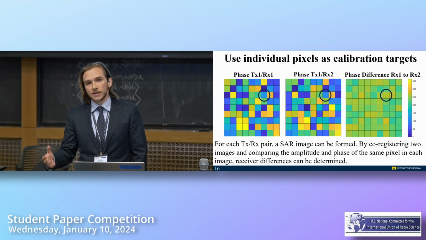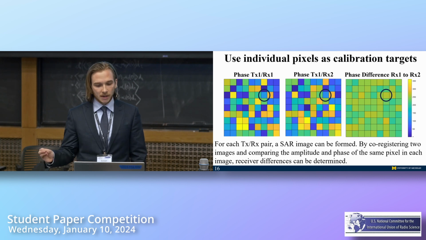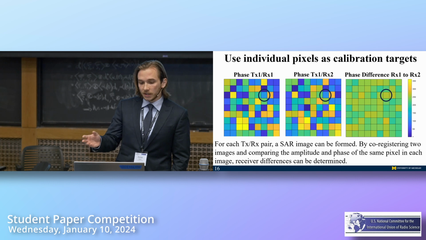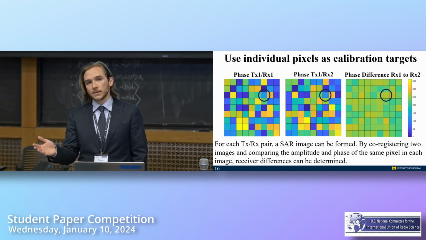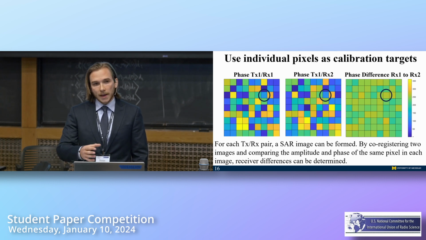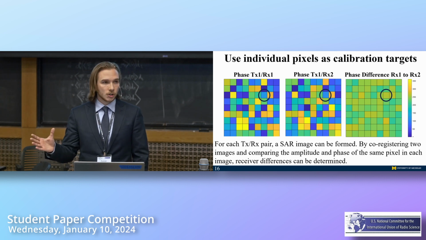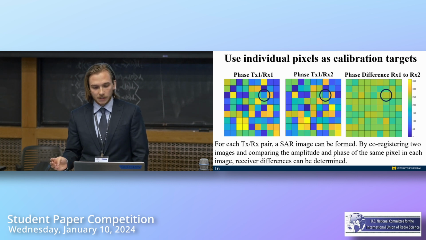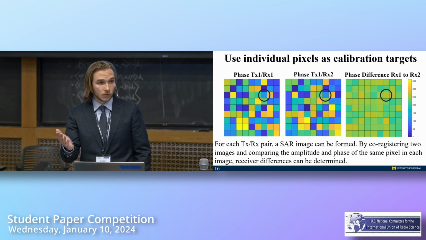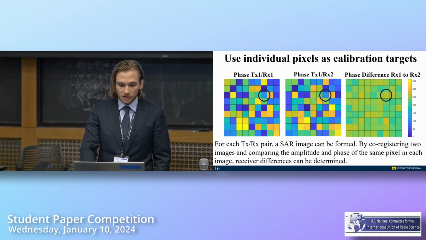Now, you co-register the images, and you compare pixel to pixel amplitude and phase differences. So these amplitude and phase differences are the receive channel imbalances. And you can form a difference image, a phase difference image or amplitude difference image, for all of the pixels between the two images that you generated.